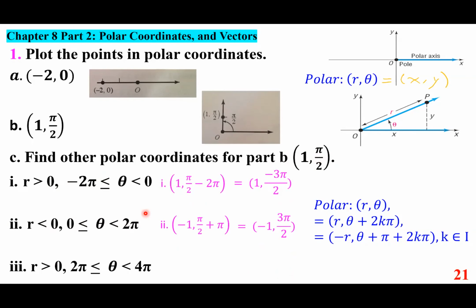I want r to be positive, so that means I'm going to use the same one, but between 2 pi and 4 pi, so just add 2 pi. It gives you a number larger than 2 pi, which means a complete revolution plus pi over 2. That's really the meaning of it. It's very straightforward.